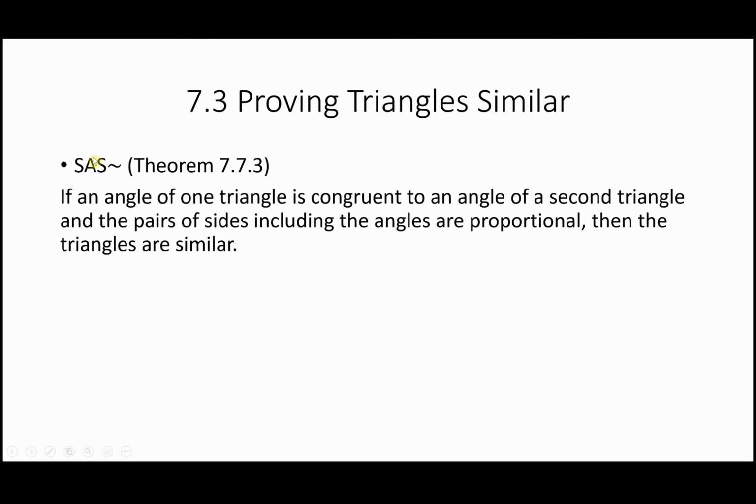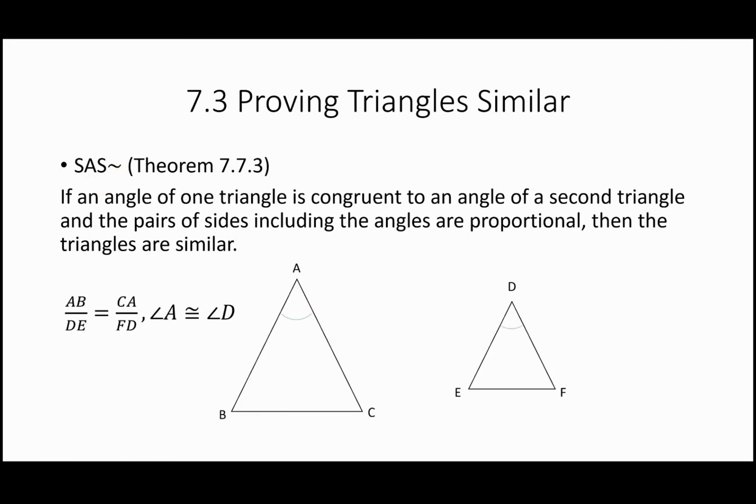So now we have a 3-letter code that's very familiar to us, right? But notice the incorporation of the tilde afterwards. So this is categorized as side angle side similarity, which is to say that if you have two triangles such that two sets of side lengths are in proportion to each other, so you just have AB is proportional to DE, and CA is proportional to FD, right?